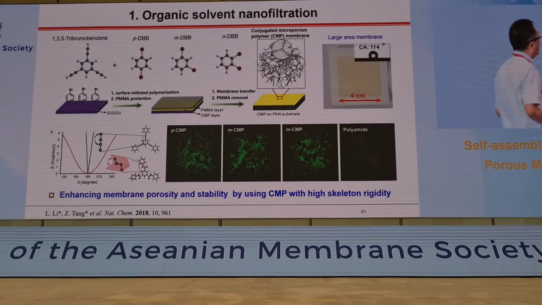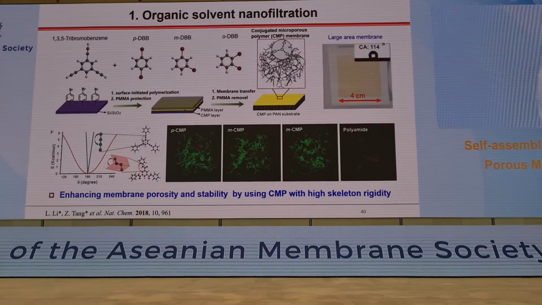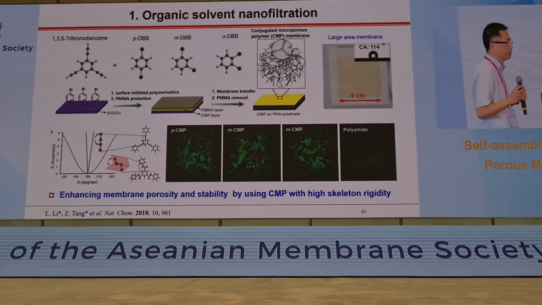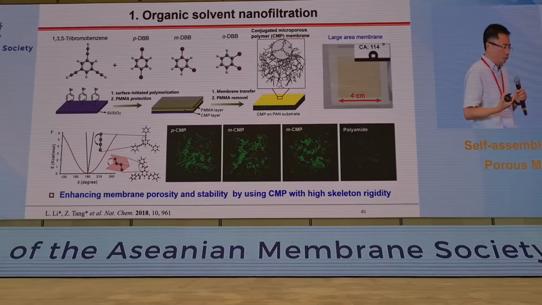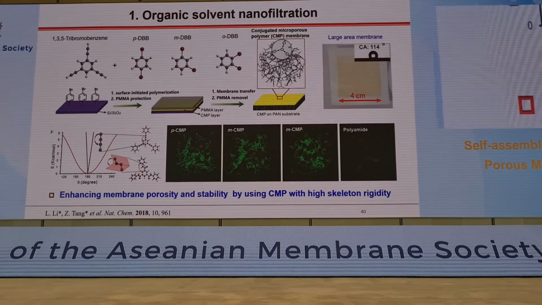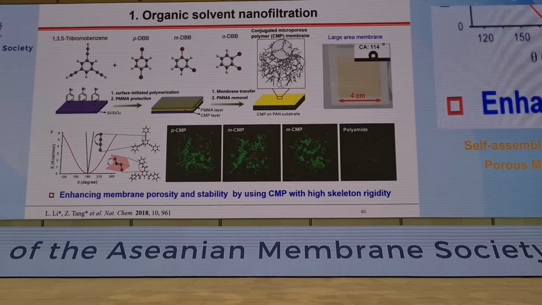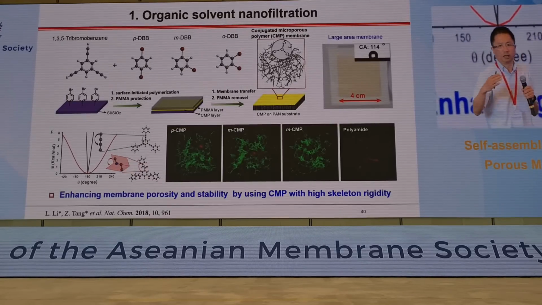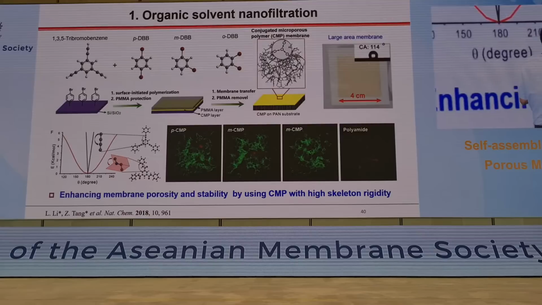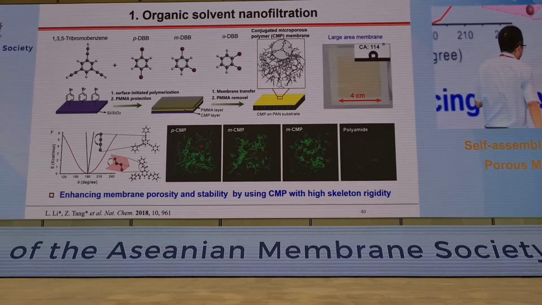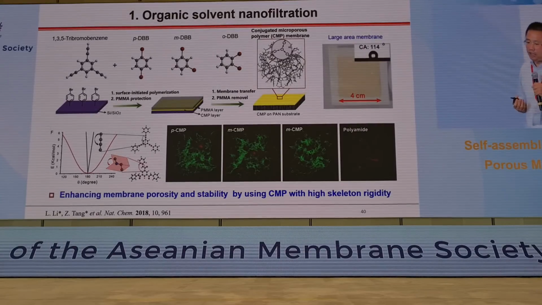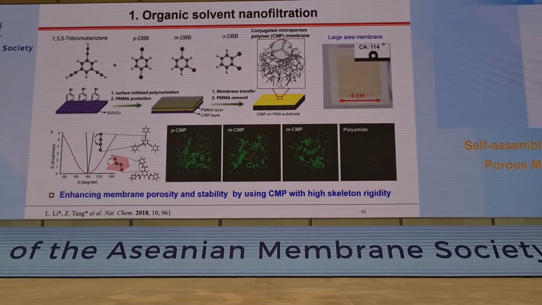So we propose to use the so-called all-conjugated framework to construct the porous membrane. Our results showed that, besides improving the chemical and structural stability, this rigid scaffold, as shown in the bottom picture with green color particles, generates many interconnected micropores.